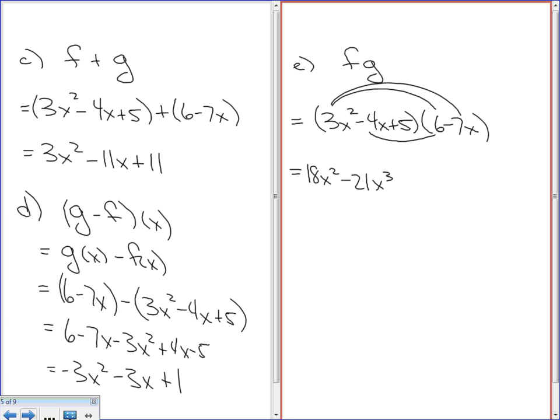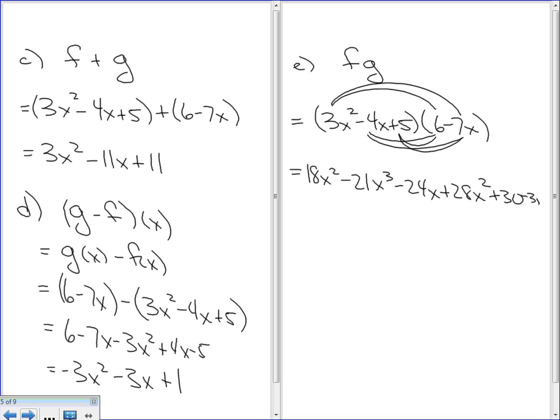Then this times that is negative 24x. This times that is positive 28x squared. And then that times that is 30. And that times that is negative 35x. Now it's just a matter of collecting all the like terms together.